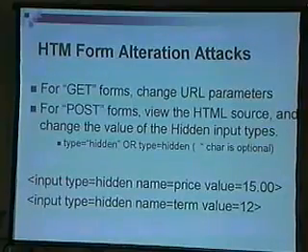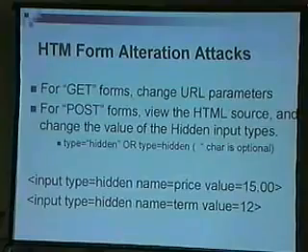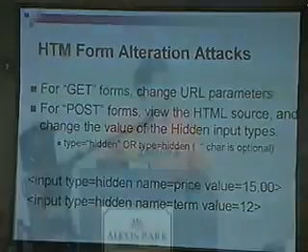Now, they'll have parameters that are input HTML tags that are of type hidden, and the quote character is optional. And down at the bottom is an example of something that would look like input, type hidden, it'll have a name, and then a value. Nothing stops you from, since you have the source, changing those values, saving them, opening the form in the browser, and then submitting the page.